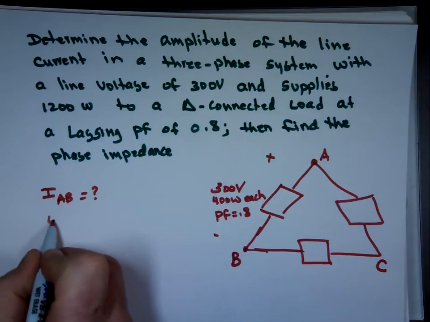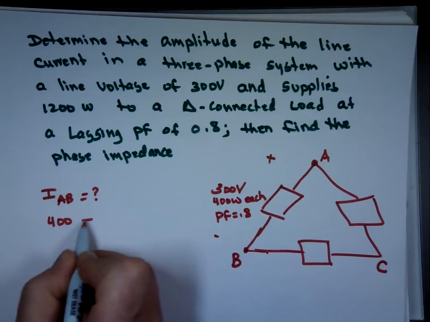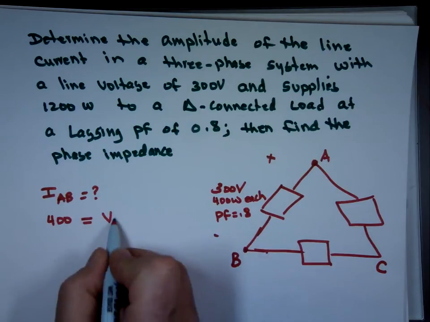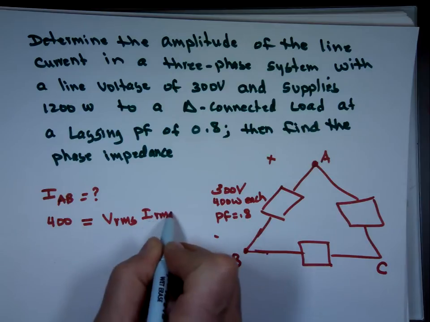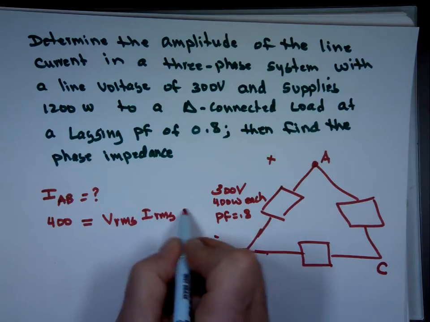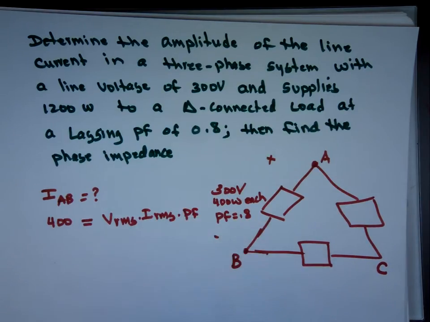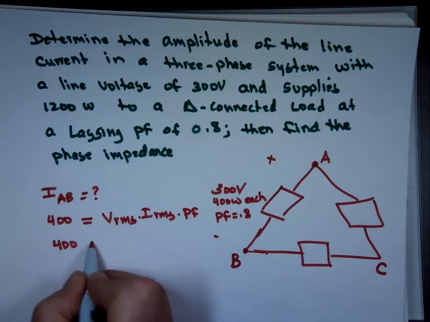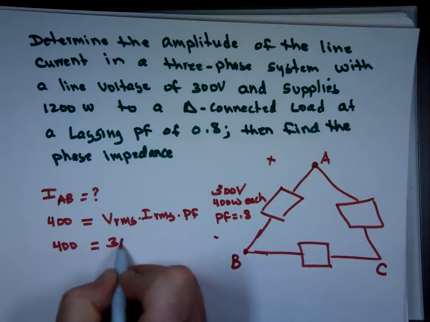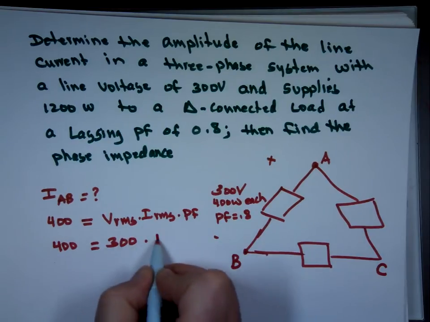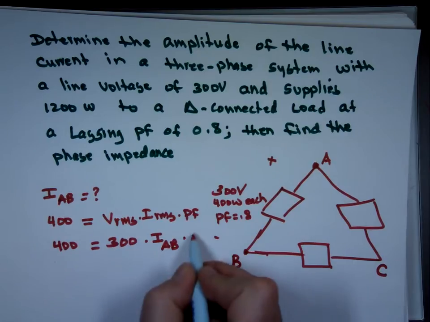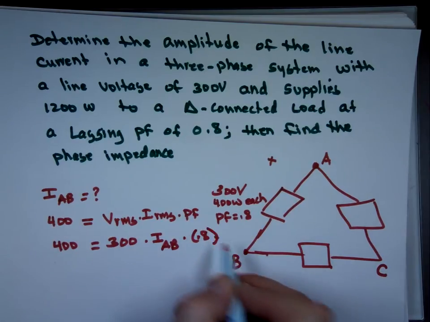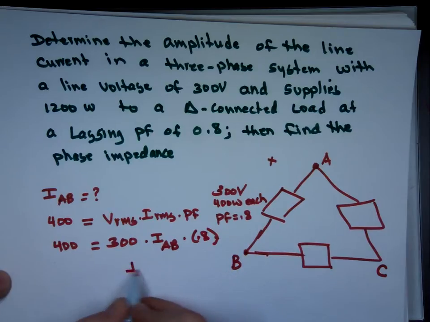So 400 average power equals, assuming these are RMS values, which they are, VRMS times IRMS times cosine of theta V minus theta I, or power factor, right? So 400, we know the voltage here is 300 volts. We're not sure what that current is, we'll call it IAB, times the power factor, which is what, 0.8? Can we get what that current equals?